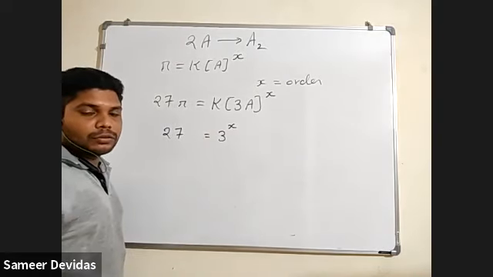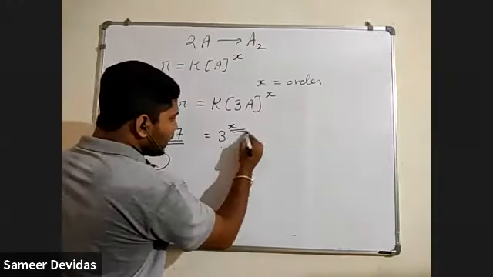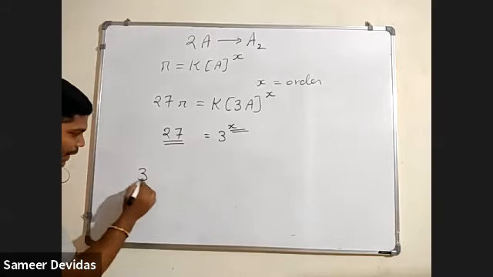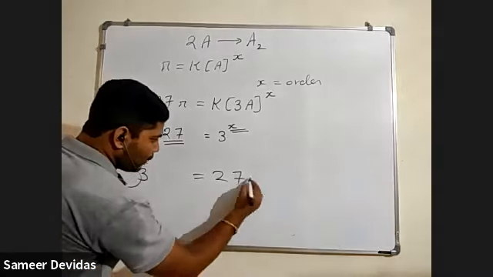What is your answer now, students? To get 27, what should be the X? Think properly. On this side you have 3 and here you want 27.